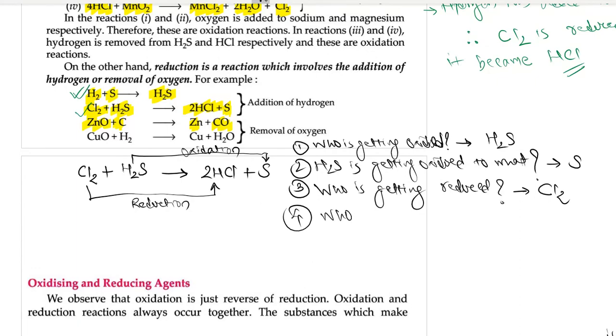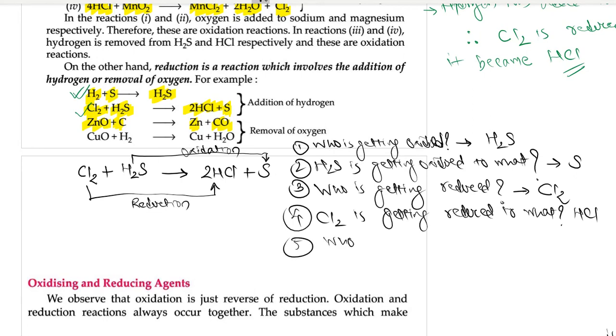I'm sorry, wrong question. The question should be chlorine is getting reduced to what? Chlorine becomes what after getting reduced? HCl. Right? Next question, fifth question.